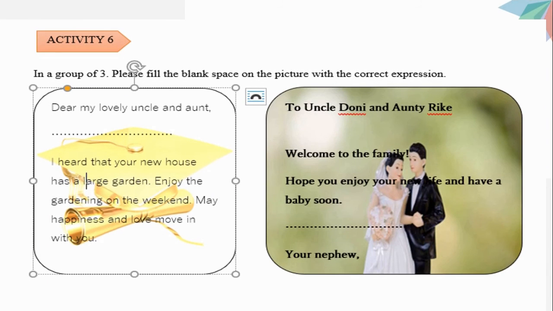Okay. Next, after the students are able to classify some expressions used in greeting cards, we can ask our students to apply some expressions in the text.